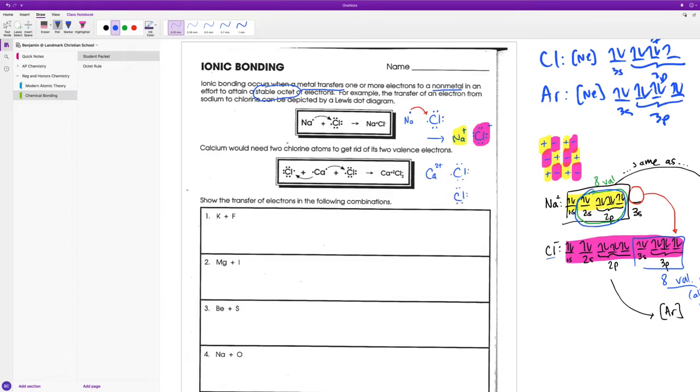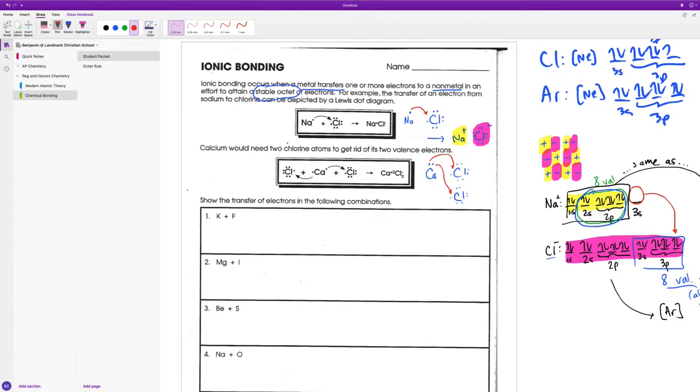I've kind of jumped the gun by drawing that ion there. Calcium is in group 2A. It starts off with 2 valence electrons. It's going to lose its first one to 1 chlorine atom, but it still has 1 other valence electron, but it can lose that one to a second chlorine atom.